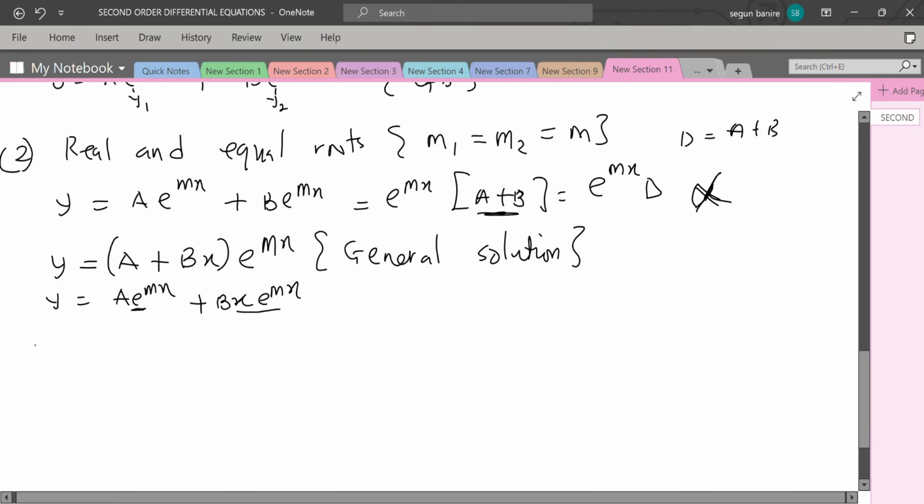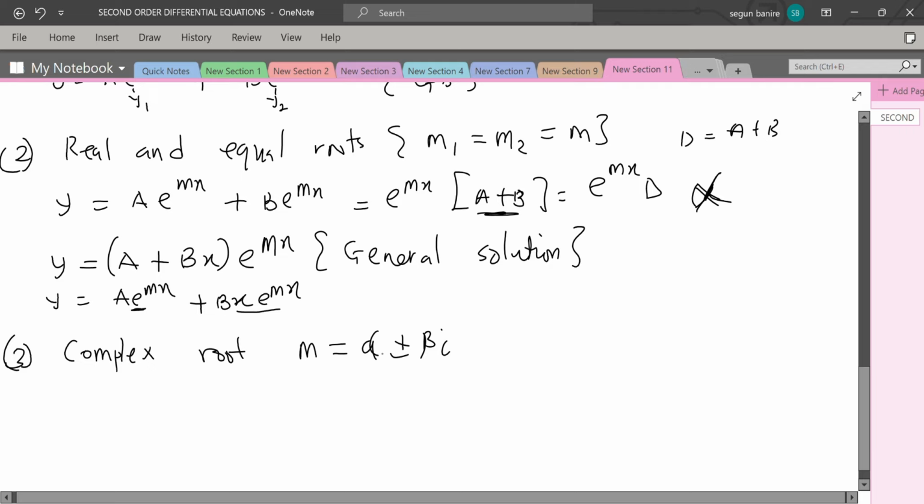The third formula is for complex roots. So m is equal to alpha plus minus beta i.